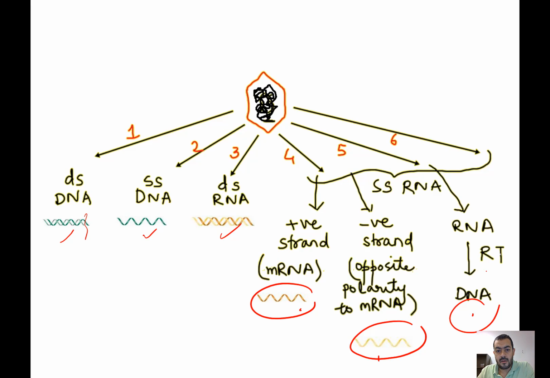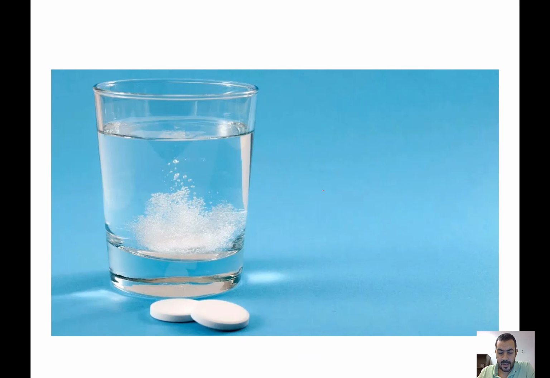Okay. So again, one way to think about this group of viruses, maybe you can think of an effervescent tablet and a glass of water. So the effervescent tablet in this case will be the plus sense single-stranded RNA virus genome.